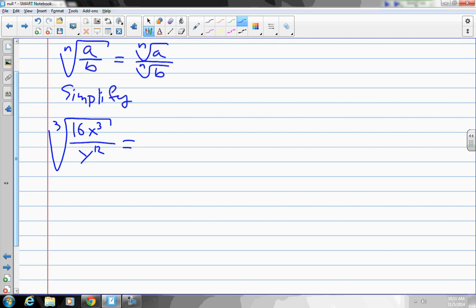How would you split 16 into a perfect cube and something else? 8 and 2, right? So really we're going to think of 16 as 8 times 2, x cubed over y to the 12th. And then we'll take a cube root of each portion. Cube root of 8 equals 2. Cube root of x cubed is just x. Cube root of 2 stays, doesn't go anywhere. Over the cube root of y to the 12th is y to the 4th.